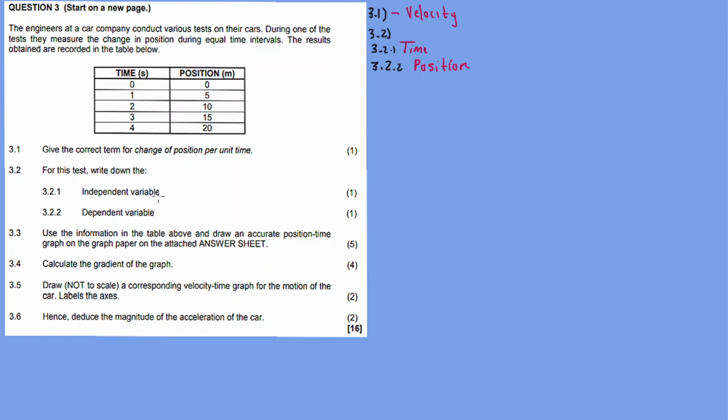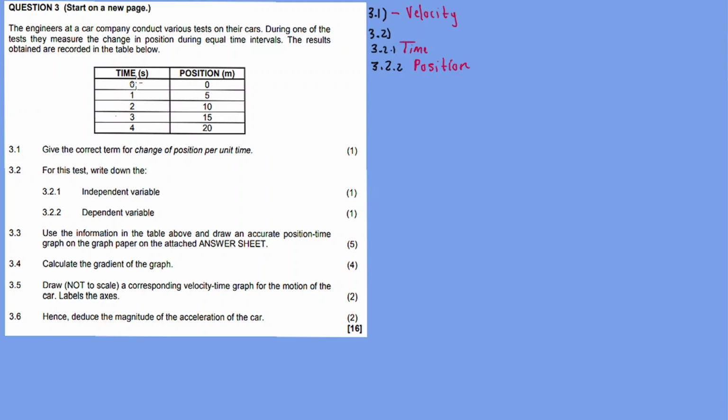The dependent variable is the variable which changes as a result of independent variable manipulation.